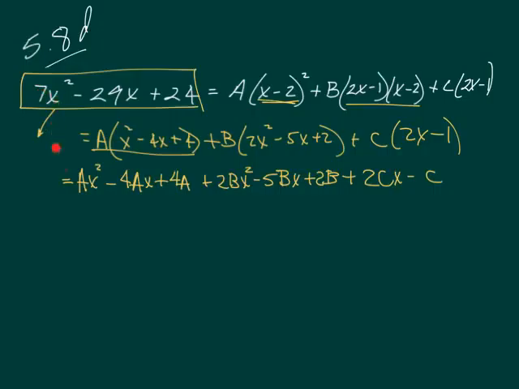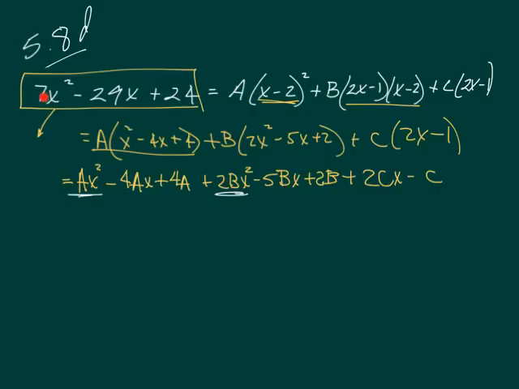So 7x squared has to equal ax squared plus 2bx squared, because those are the only parts that can add together, right? When I'm looking at like terms, this is a like term with this, and when I add those, that's going to be 7x squared.